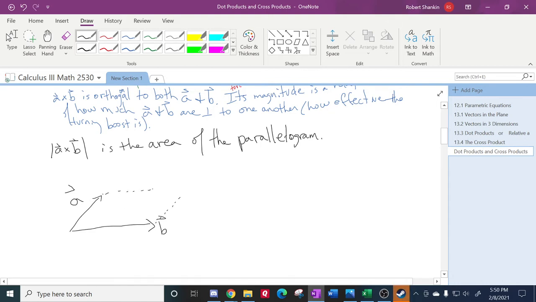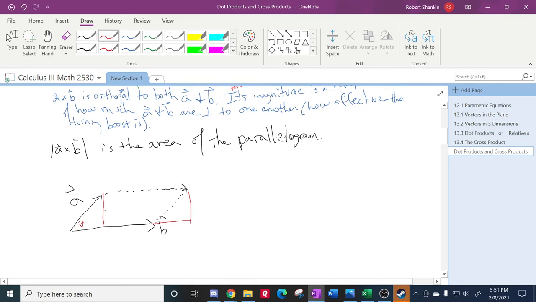Well, the area of that parallelogram would be the same as the area of this rectangle, because all you have to do is move this triangle over to here and it makes this rectangle. So if we could find this length right here, we would have it.